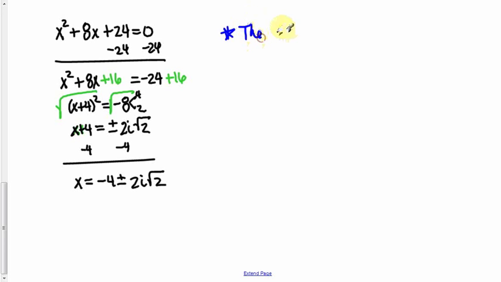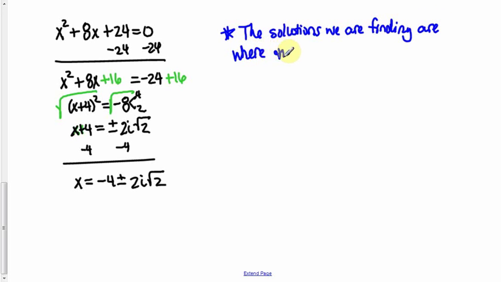The solutions we are finding are where the graph of these equations cross the x-axis.